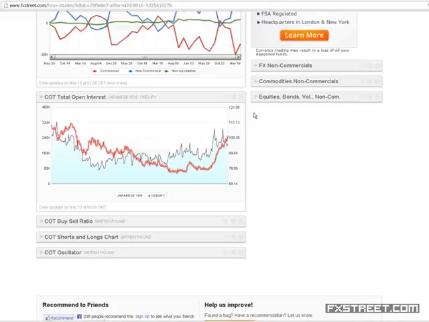This means that, in other words, in the futures market you always have currency exchange futures using the dollar as the base currency.